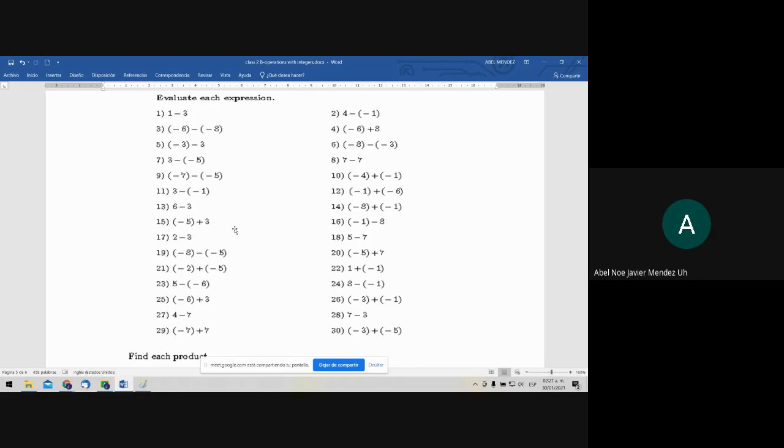Remember, don't forget, do not confuse subtractions with multiplications, okay?